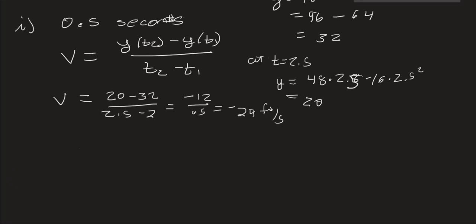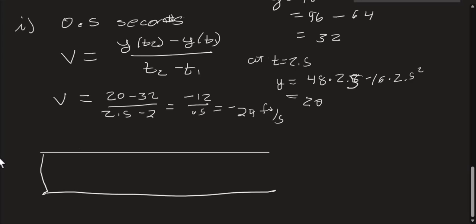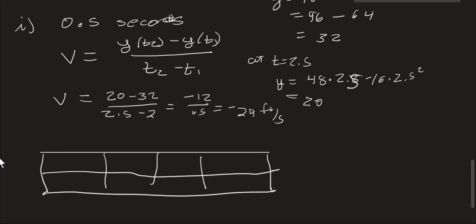And then for question 4, it gives you a table. The table has t in seconds and position in feet. So I just made up some numbers there.